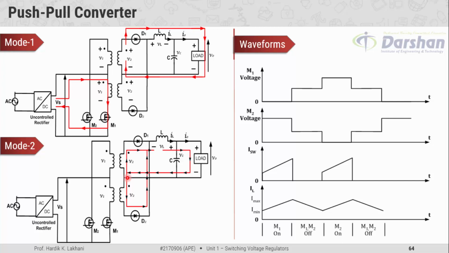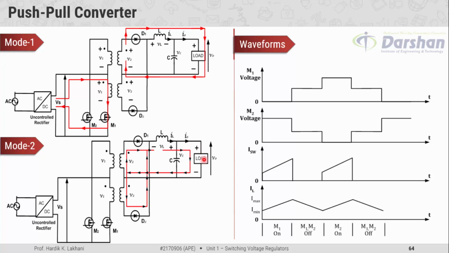The first half will flow through the upper secondary winding and the second half will flow through the lower secondary winding through this diode D2, and both currents will meet at this junction, and finally that current goes to the L. And this is how the closed loop path is created during the second mode for releasing the energy of the inductor into the load.